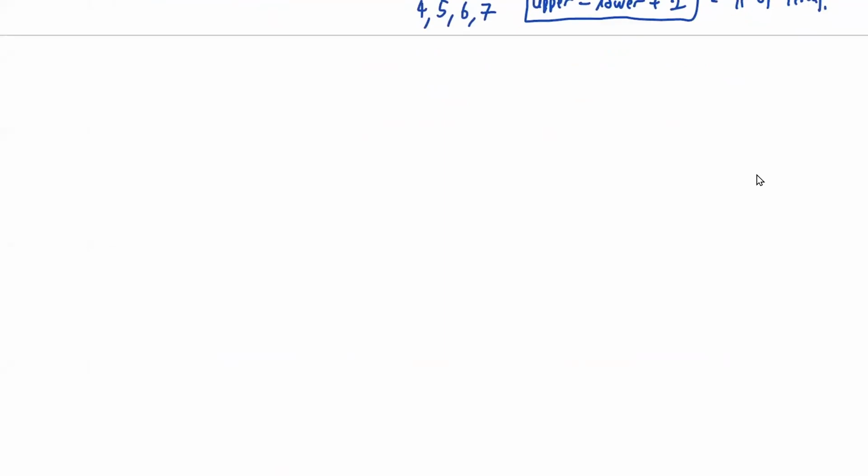So for x bar, let's say we have x, it follows a question mark distribution. We don't know the distribution, but it has a certain mean and a certain variance. We usually use mu and sigma squared when it's a normal distribution. But this question mark distribution doesn't have to be continuous.